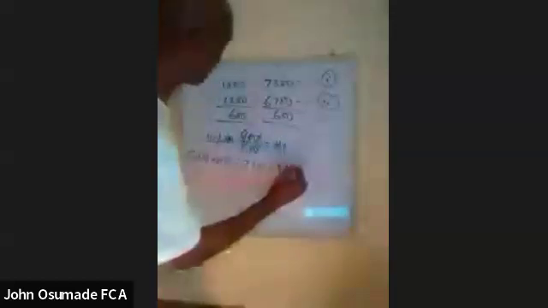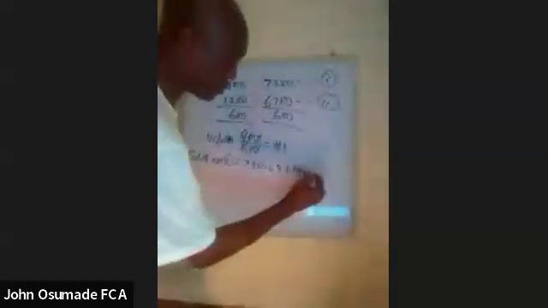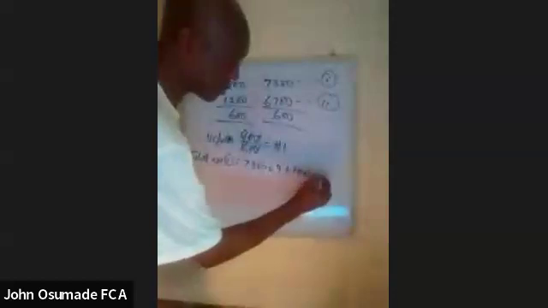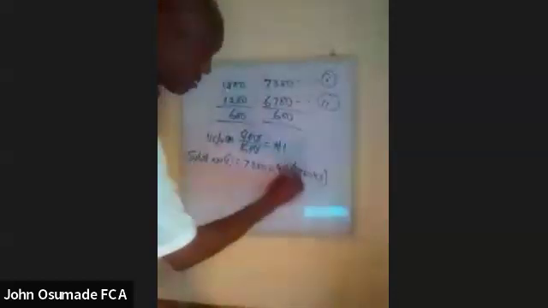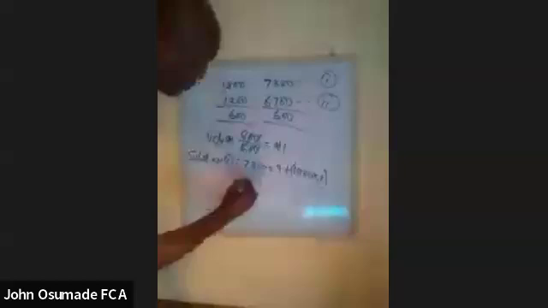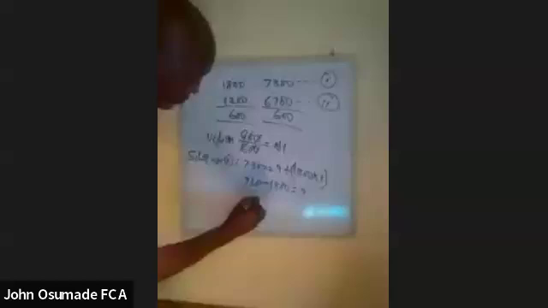B is 1,800 times 1. That will be 7,300 minus 1,800 equals A. That will give us 5,500, which is equal to A. So A is 5,500 naira. So this will be your fixed cost, irrespective of level of activity.